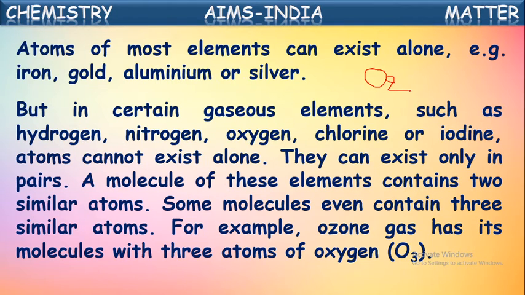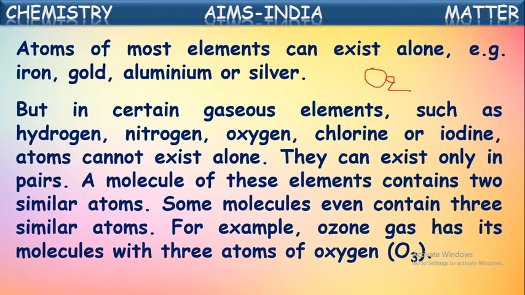So two atoms of nitrogen combine together to form one molecule of nitrogen. But some molecules contain three similar atoms also. For example, ozone gas has its molecule with three atoms of oxygen, isn't it?